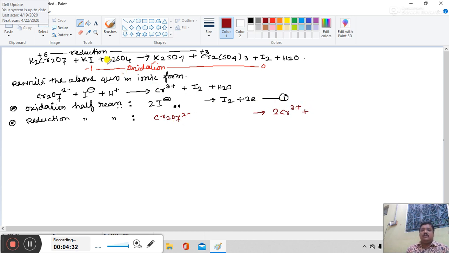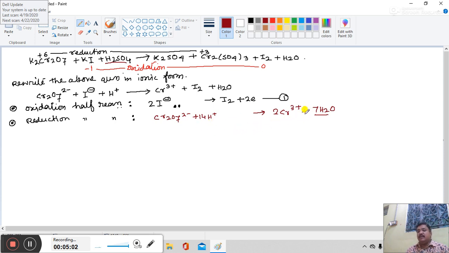Here H2SO4 is present, which makes the reaction system acidic. So by 7 O atoms, 7H2O will form. This 7H2O requires 14 H atoms, which come from 14H+ ions. So in this way we balance the reaction atomically.